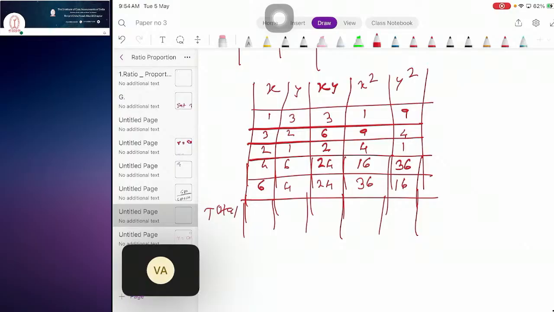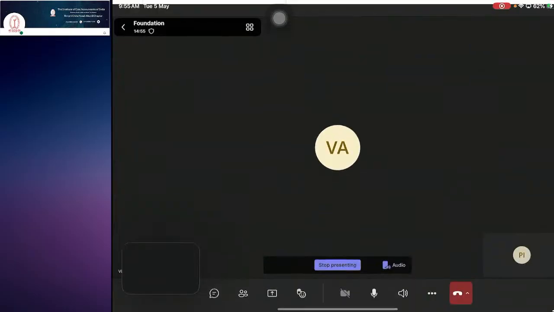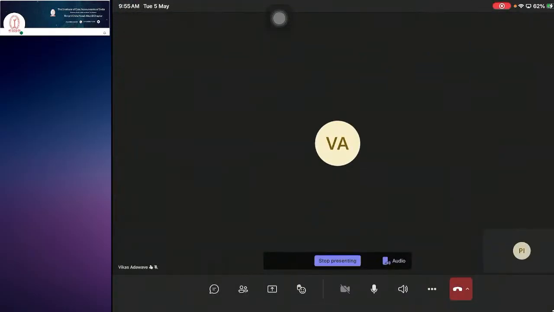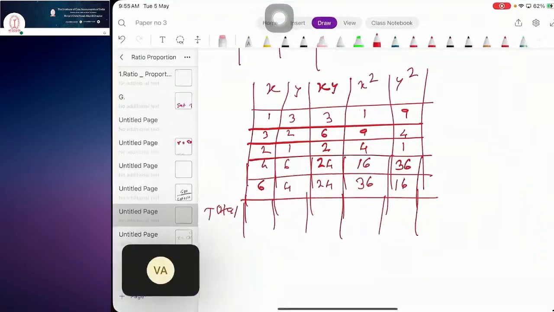Let's calculate. 3 and 1 is 4, 4 and 2 is 6, 6 and 4 is 10, and 6 is 16. The total of y is also 16.